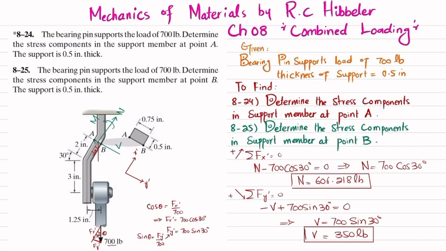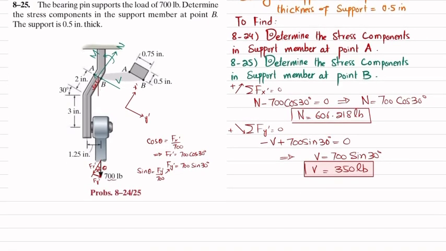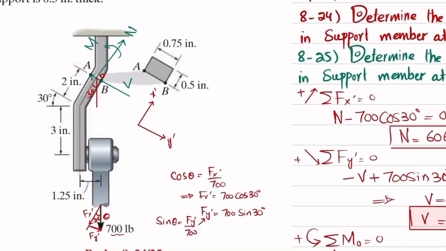Now you have this N and V, so we will find the moment. So for moment we will write, let this point be point O. So the sum of all moments about point O is equal to 0, taking the counterclockwise moment as positive. So about this point O, one moment is this one, which is counterclockwise, so it will be positive M. The second moment, if I zoom in, so let me draw a vertical line from this 700 force.